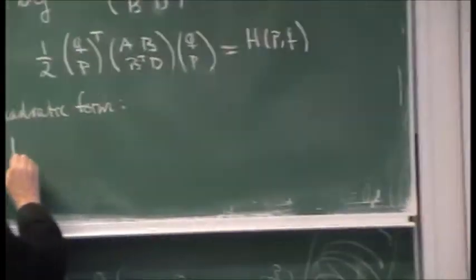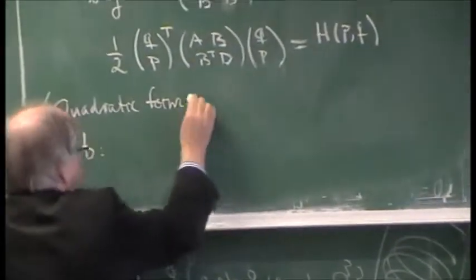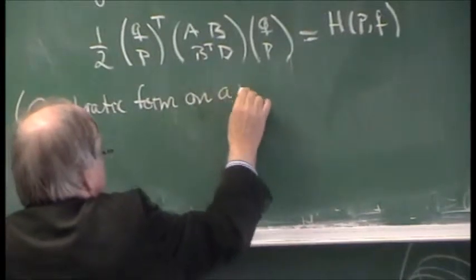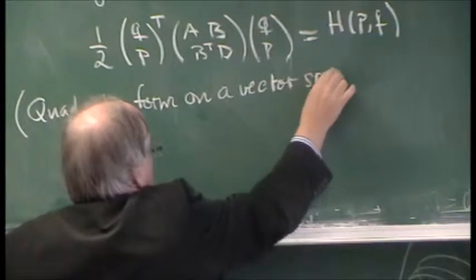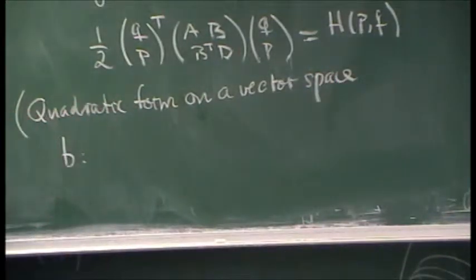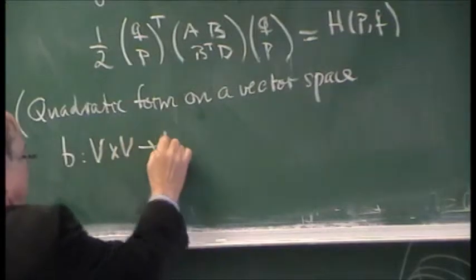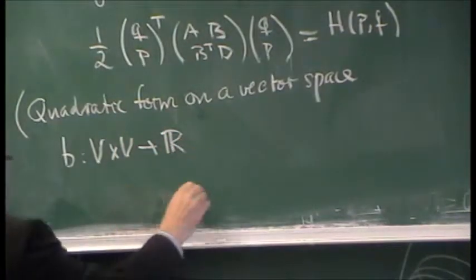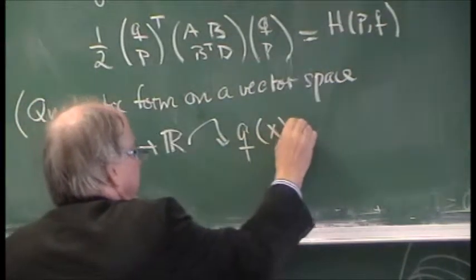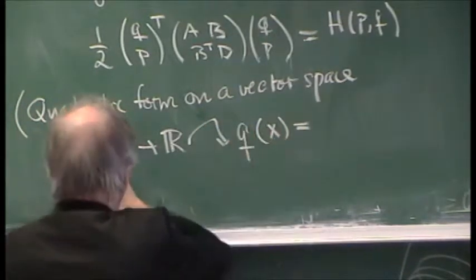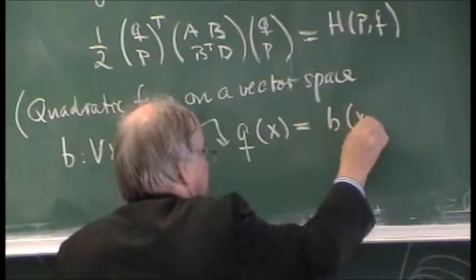So, quadratic form on a vector space, in this case over the real numbers, is you start with a bilinear form over the real numbers, and the associated quadratic form, say of the variable x in coordinates for this vector space after I've taken the basis, is b of x.